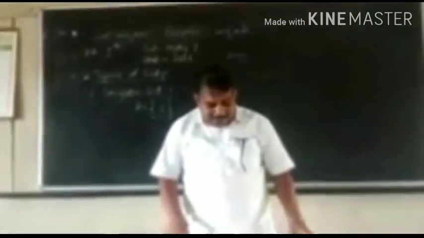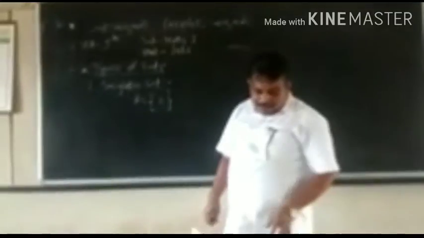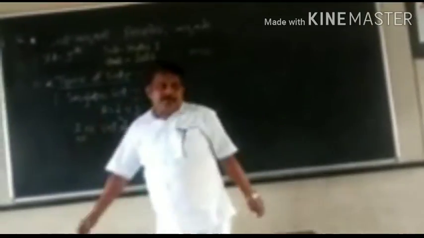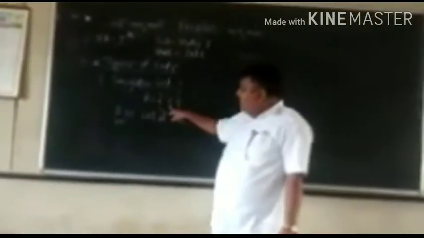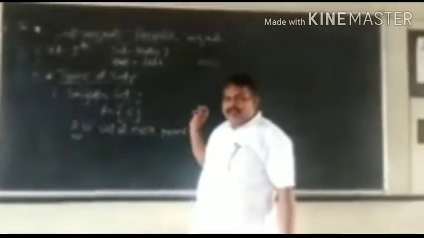We write this set as A is the set of even prime numbers. So this is the first type of set, the singleton set. If a set consists of only one element, then that is the singleton set.